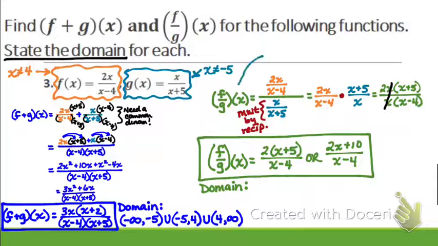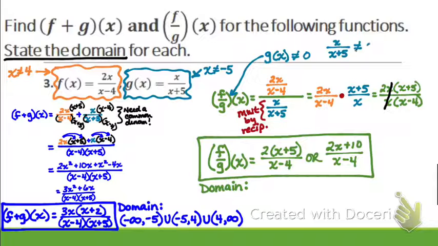So looking right down here, g of x cannot equal 0. What values would make g of x equal to 0? Remember, g of x is x over x plus 5. So negative 5 would make the denominator of this 0.